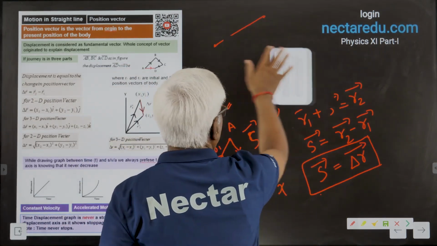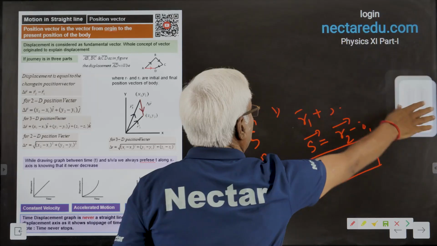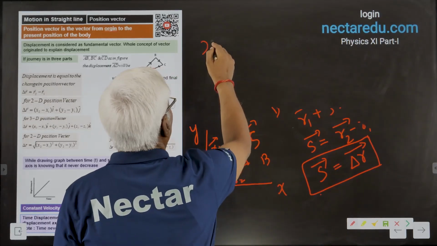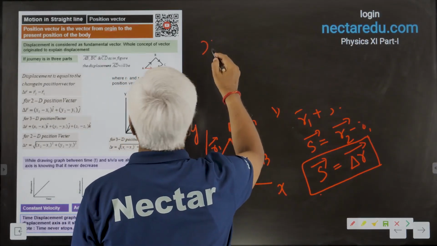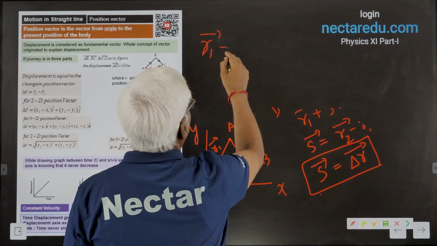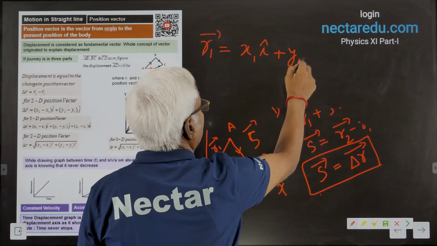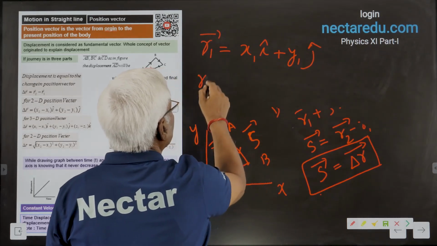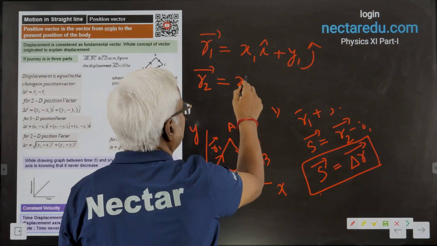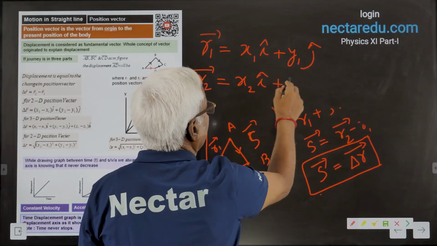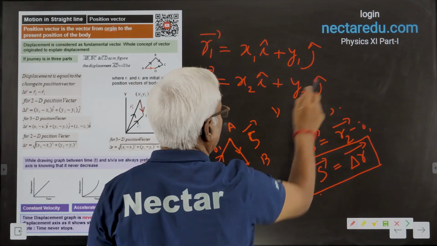Now, vector is always written in either 2 components or 3 components. Suppose for one object, you say the position vector was x1 i plus y1 j. For the other position, it will be x2 i plus y2 j.